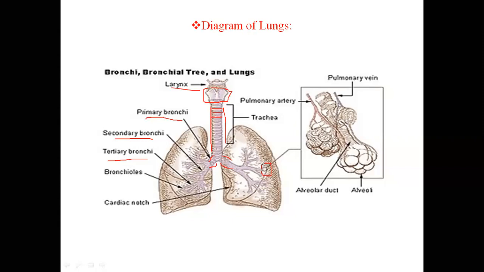Okay, and at the same place CO2 is taken from the blood, and it is transferred to the trachea, to the larynx, to the nose, and from nostrils it is thrown out into the environment. So this is the process of respiration or uptake of oxygen, also called inhalation, and throwing out or exhalation of carbon dioxide takes place at the place of alveolar sac.